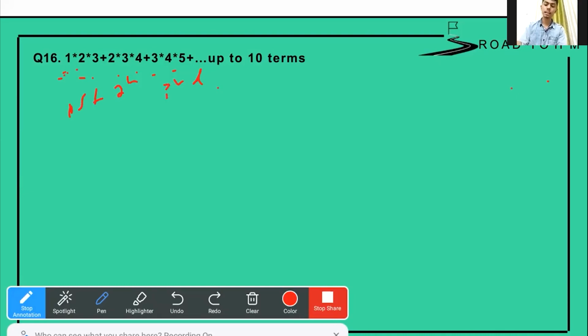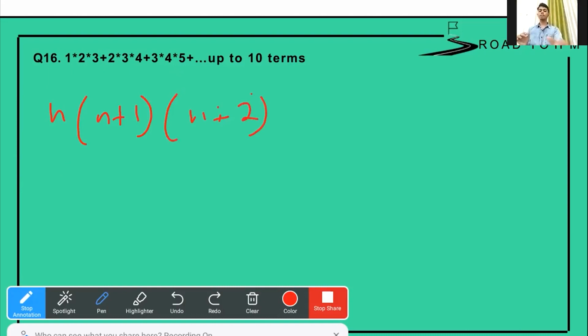So how about if I say the nth term would be, according to this, n multiplied by n plus 1 multiplied by n plus 2? Think about it. First term.